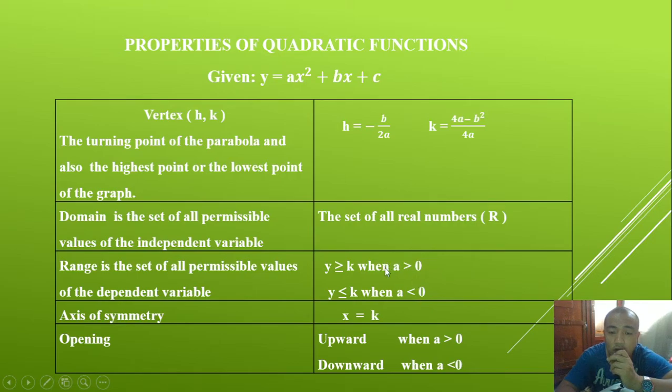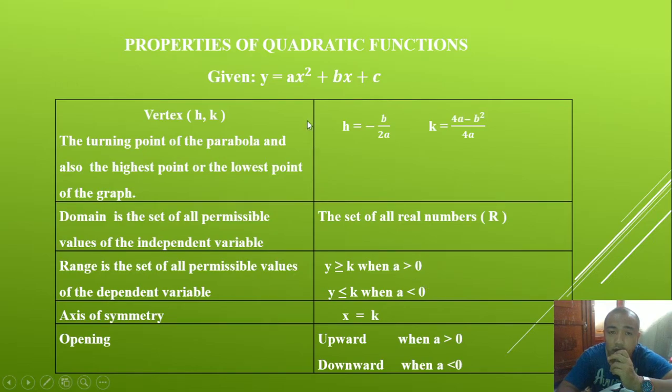What is this a? a is the coefficient of x squared in the quadratic function. When a is positive, y is greater than or equal to k, whatever the value of k is. If a is negative, that means it opens downward, and if a is positive, it opens upward.